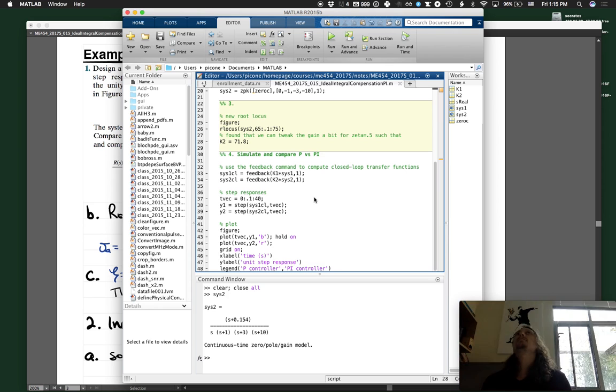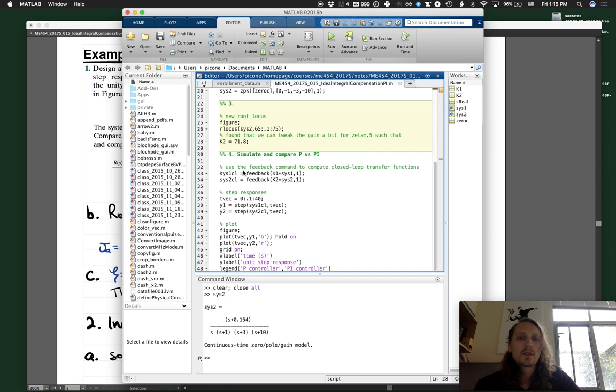When we do simulations and comparisons with feedback control, what we typically do is compare what we can do with a proportional gain only versus what we can do with a more complex controller. So let's do something with P, and then we'll do it with PI.